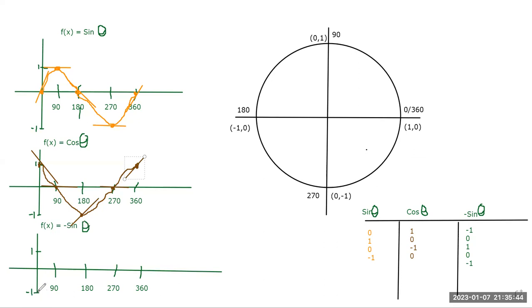So to graph this, you would use the slope of the derivative of cosine at those axes. The first one was -1. We put -1 right here. And then at 90, it would be 0.